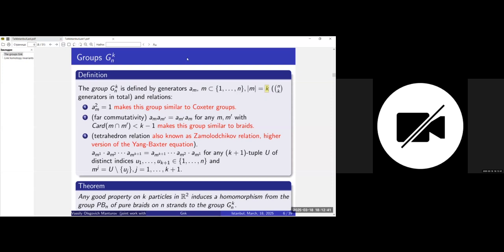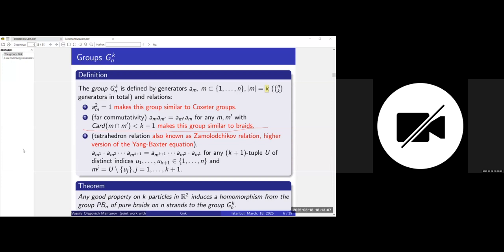If it's not the case, then the generators commute. The second relation never happens for G_{k+1}^k, and that's why for G_{k+1}^k many things are easy to work with, like the word problem and some other things. But this makes our groups very similar to braid groups.